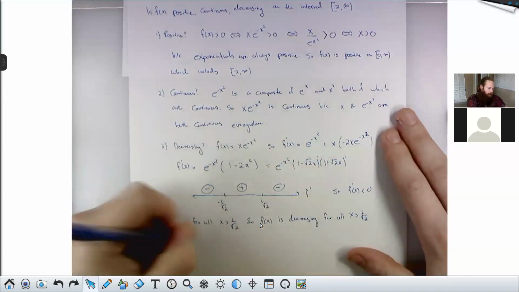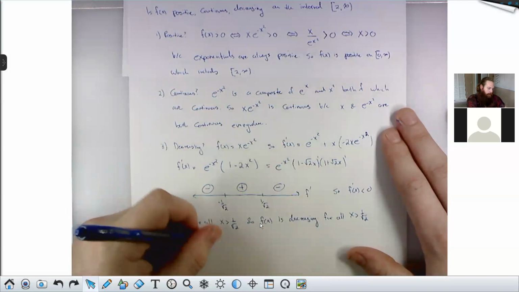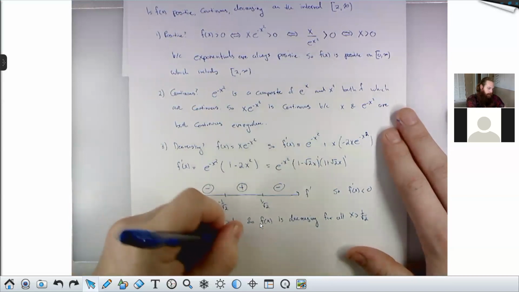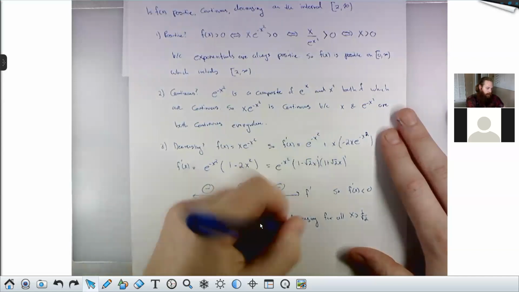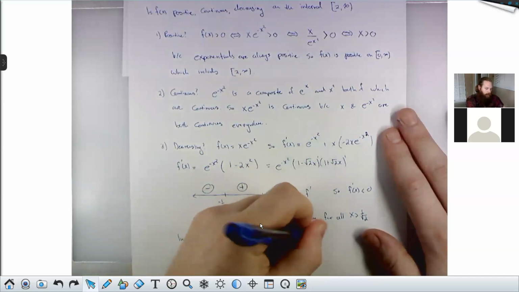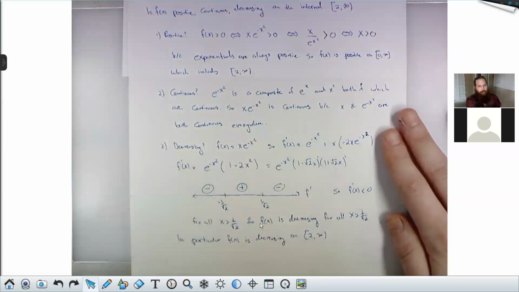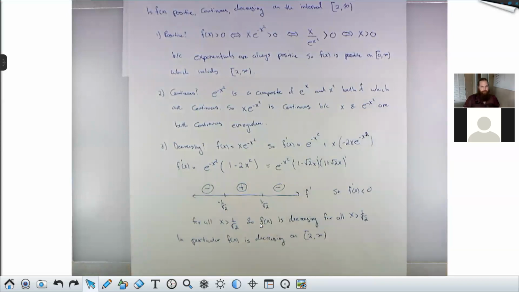In particular, f of x is decreasing everywhere on the interval 2 to infinity, because 1 over root 2 is smaller than 2. So positive, continuous, decreasing, check, all good.